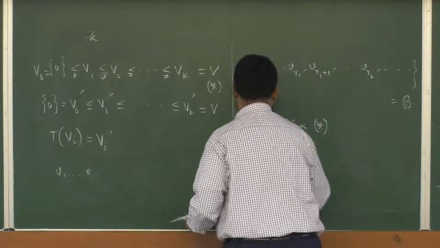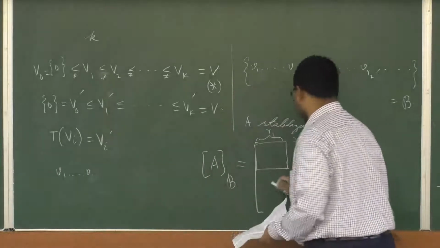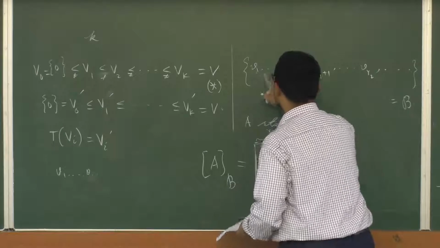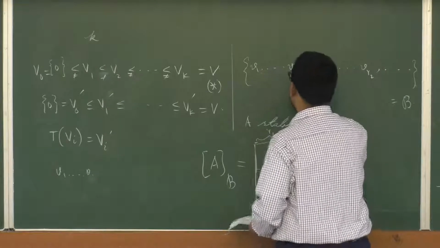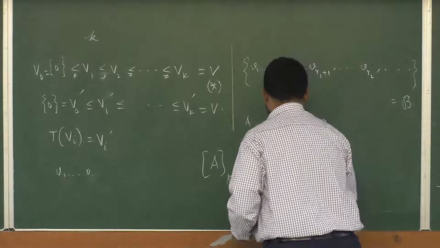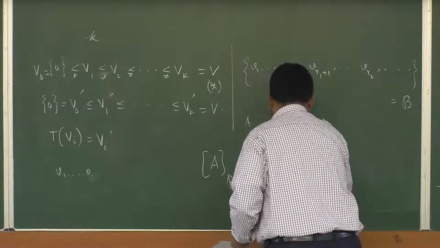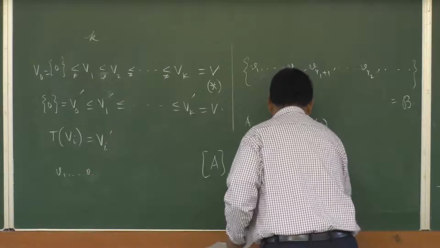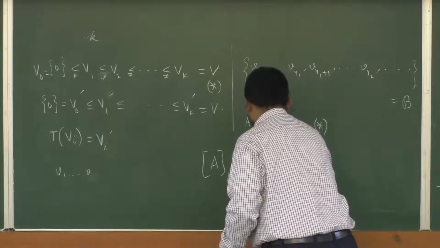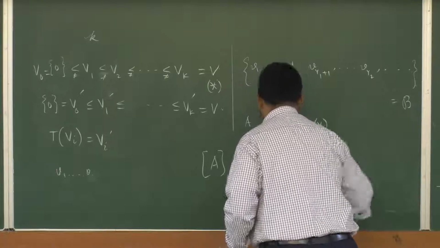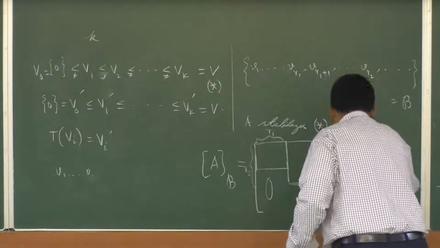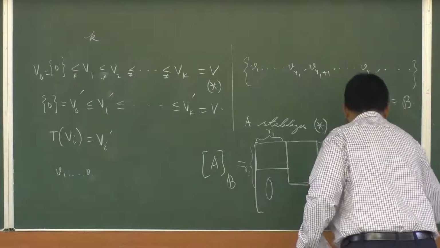What I mean is, first there will be an R1 block, and elsewhere everything will be 0, because the image of V1 up to VR1 will be a combination of themselves. Then we have a bigger block of size R2, then perhaps a bigger block, and that's how it will keep on going.